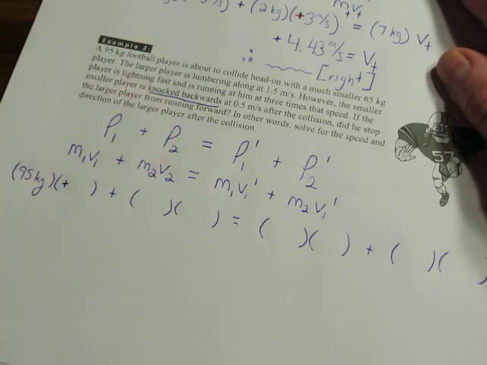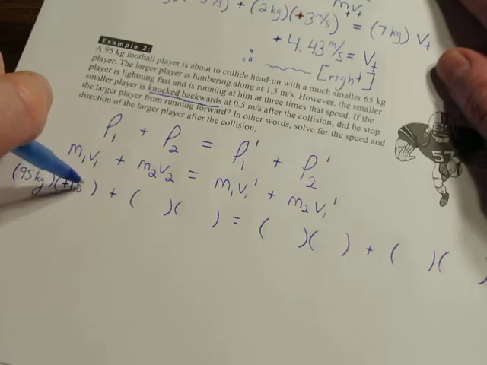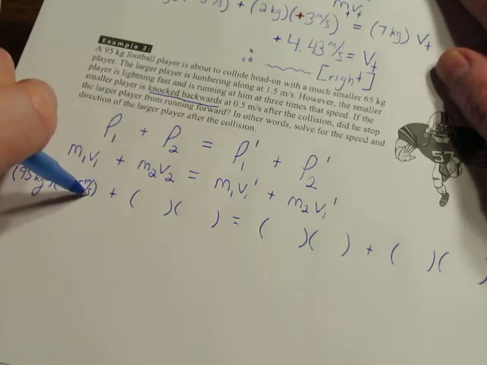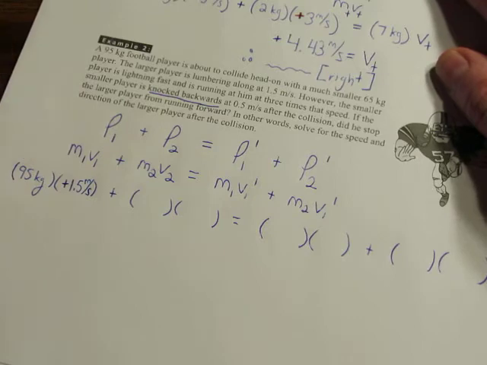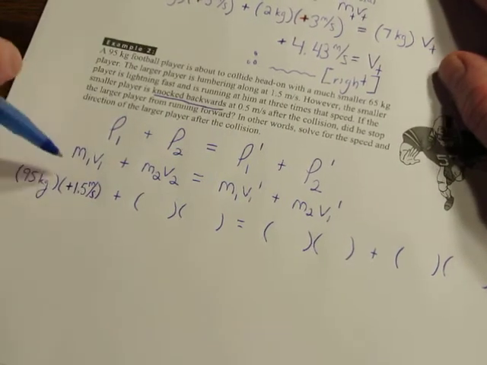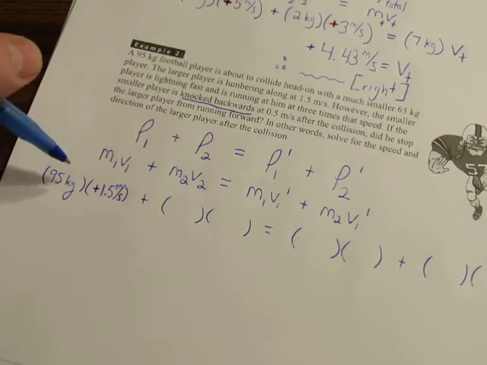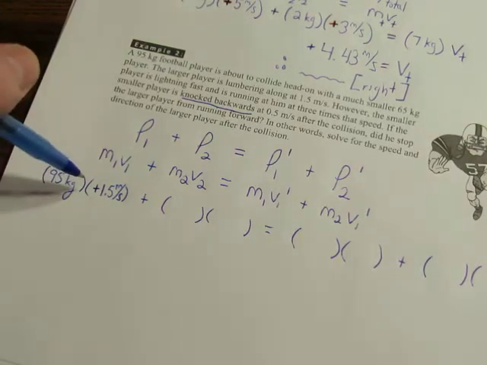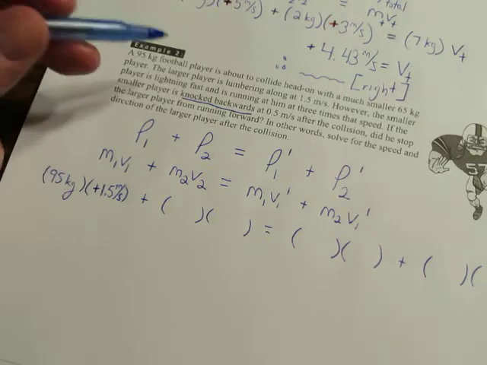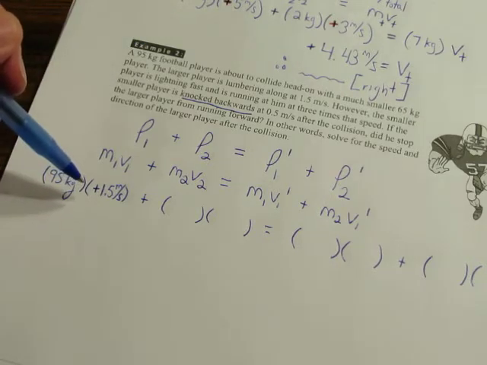I don't know whether it's left, right, north, south, east, west. My positive sign in this question is going to be forward. So anything that goes backward, I'm going to use a negative. See, that's the thing. It's not a sign convention where there's a certain way that you have to use plus and negative. It's for your own organization. Okay, 95 kilograms, running at 1.5 meters a second.